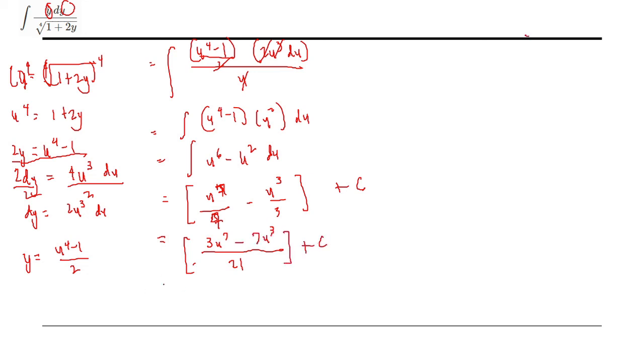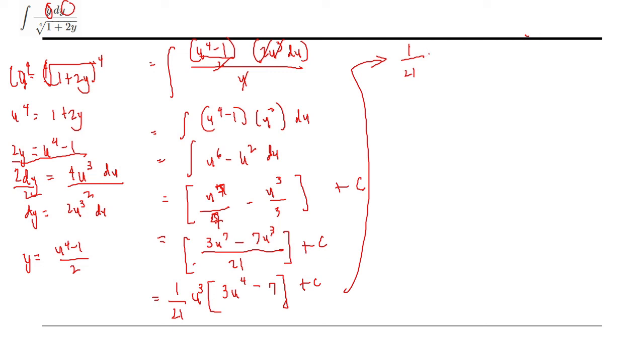Okay, so that we won't struggle, let's simplify this equation. That's 1 over 21. Then u cubed times 3u to the power of 4 minus 7 plus c. So this is correct, 3 over 21. Okay, so that's correct.